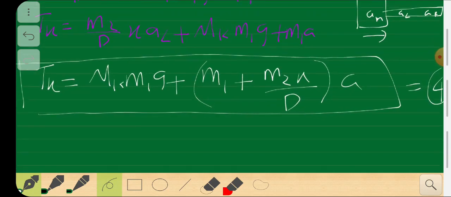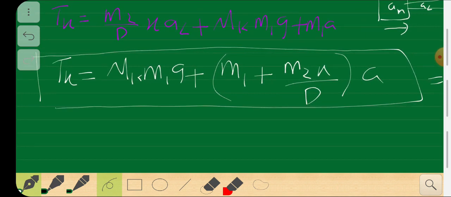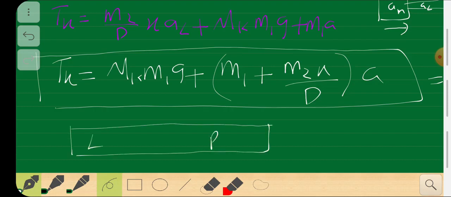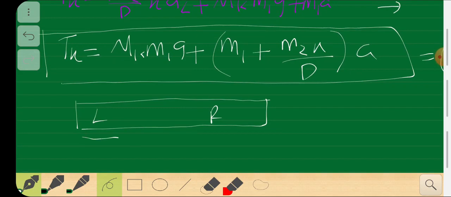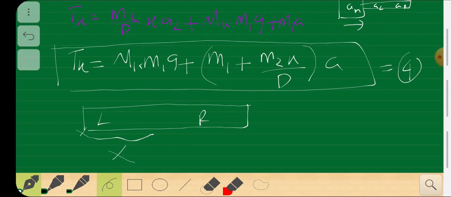If you look closely at this equation, you can see that the tension is increasing with x, right? What was x? If you remember, this was the left part and this was the right part, and x means the distance from the left side. So if you increase the length x value, then you can clearly see that the tension at this point will also increase. So towards the right there will be the maximum tension, T of x will be the maximum.